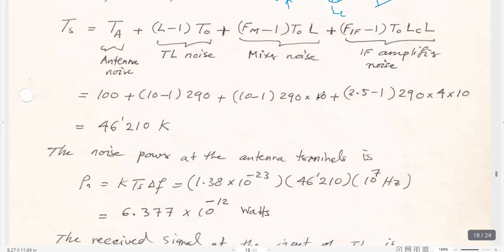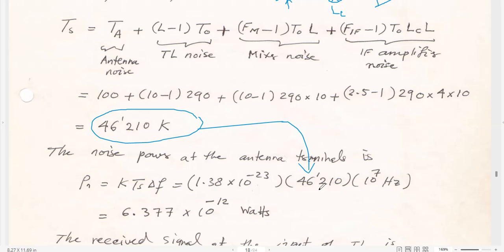Now the system noise power: we add the k delta f. When we've found the T_S, we calculate P_n by k T_S delta f. Here by definition we multiply by k, the Boltzmann constant, 1.38 times 10 to the minus 23, and T_S, the system noise temperature, and the bandwidth, we said, is 10 megahertz, which is 10 to the 7.